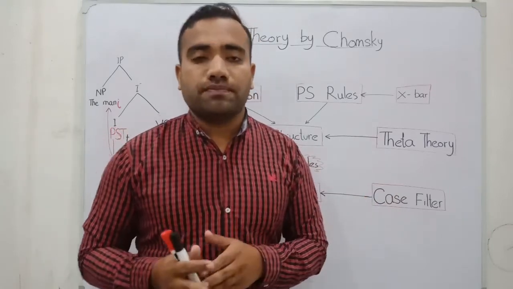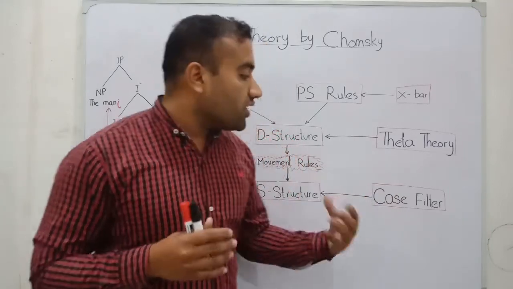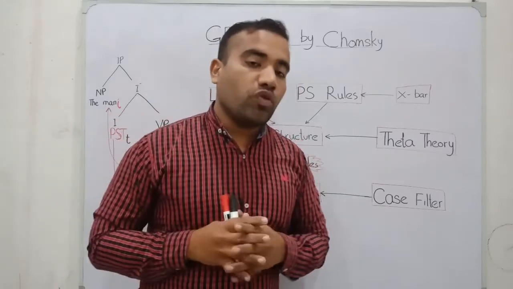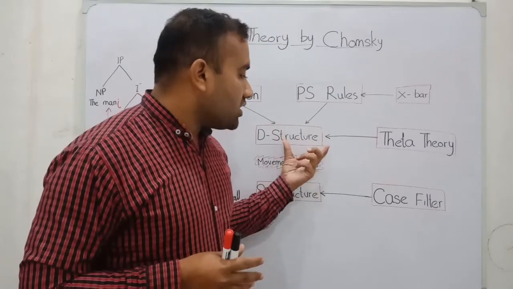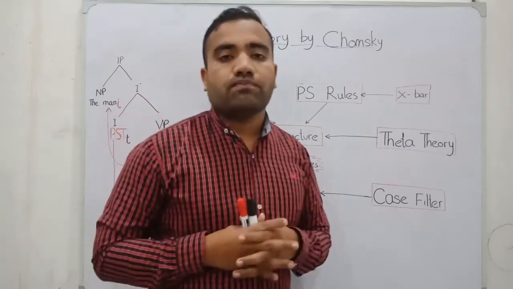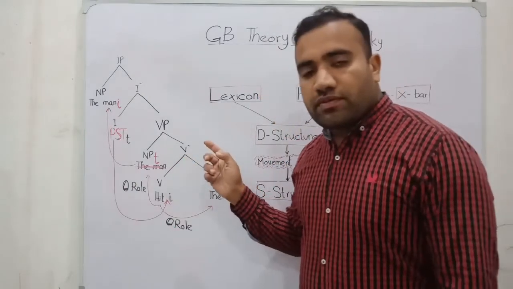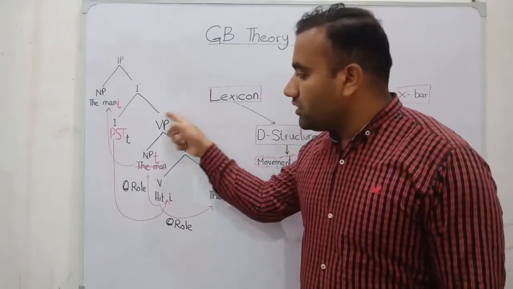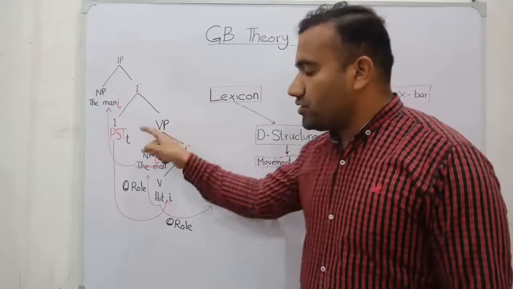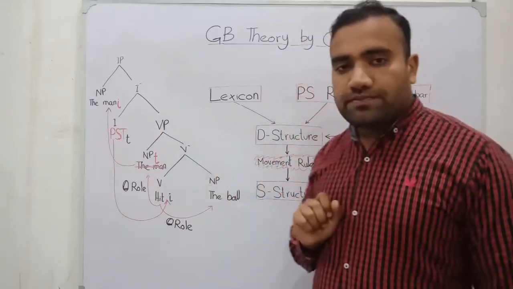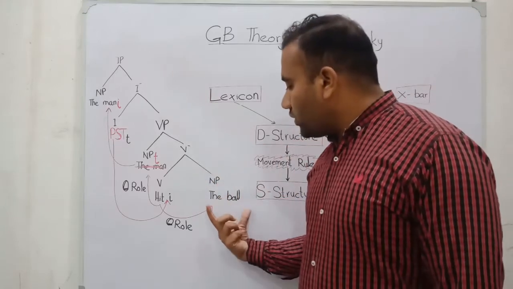And for the case filter, we have another projection over this projection. See, in the previous diagram, we have generated the DP structure. This is our D structure, and we have the two NPs.